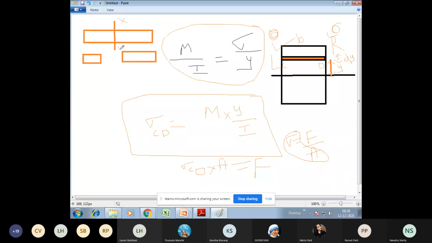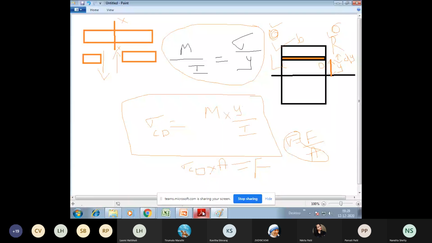Same thing I'm explaining here in the derivation also. When I take a cut section, one force was going this side, one force was going this side. Is it not? Yes or no? Right. The same concept I'm explaining in this derivation. One force you have at the left side, one force you have at the right side.